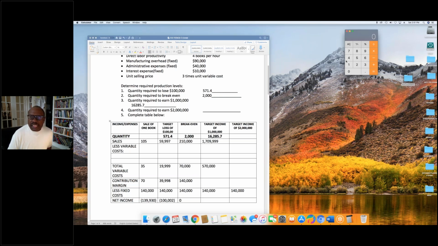So I'm going to have to, let's see if I can correct this right quick. I need 16,285.7 times 35. That's going to be 570,104. So this should be 570,104.